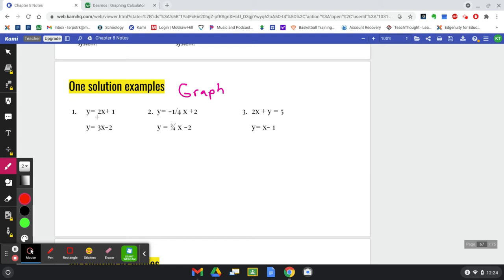I should be able to sketch this graph based upon what we learned earlier in the chapter. I could say my intercept is at +1, which is right here, and I would go up 2 and over 1, and then I would draw my line.